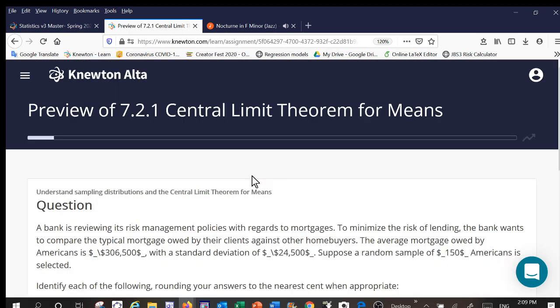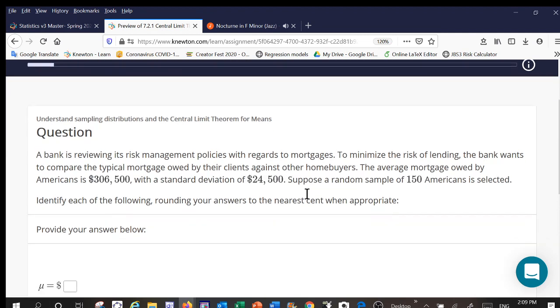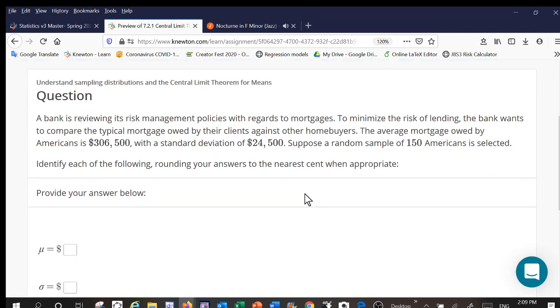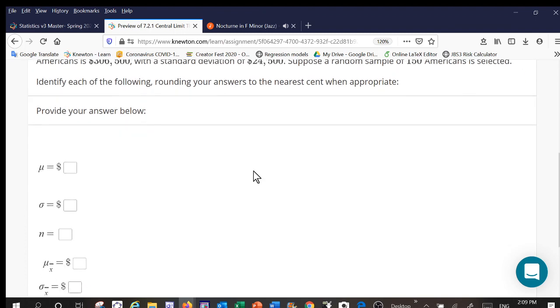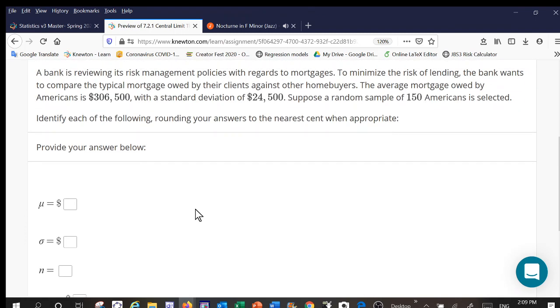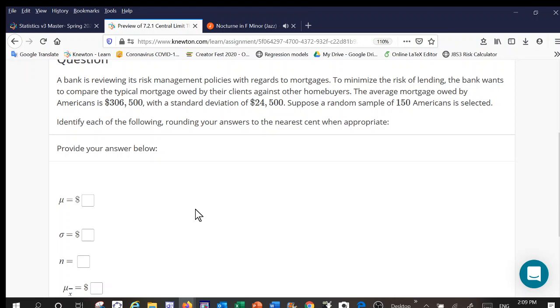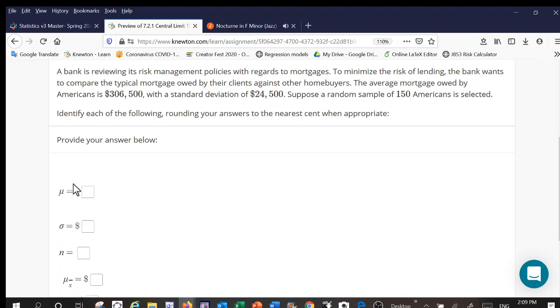Let's look at another problem. What is that one? Suppose a random sample of 150 Americans is selected. Identify each of the following. So again, this is mu. Let's make it a little smaller so we can see it. Mu is the mean of the original population, because it doesn't have a subscript, see?